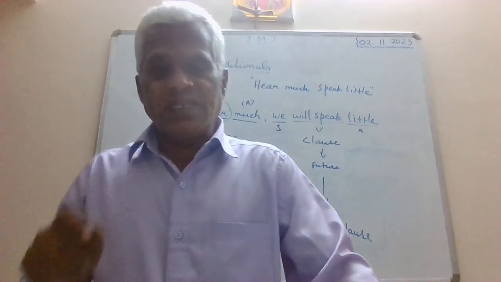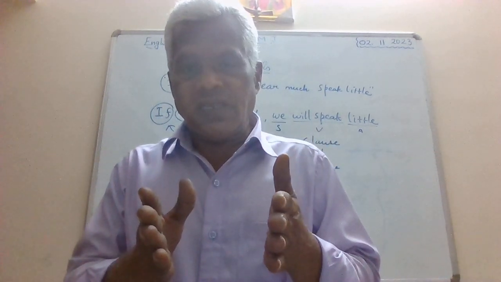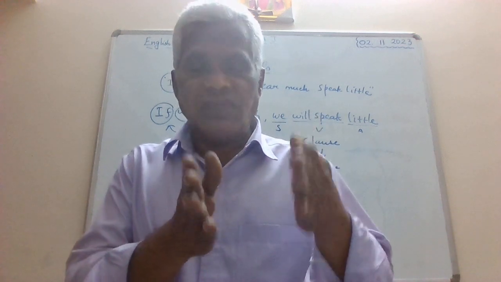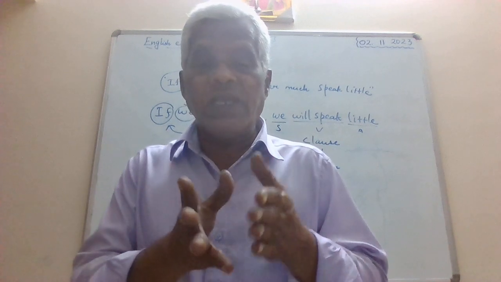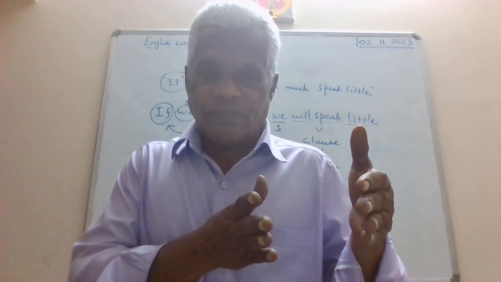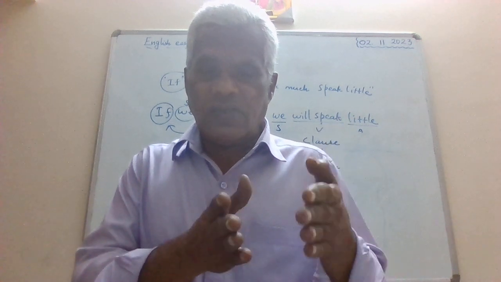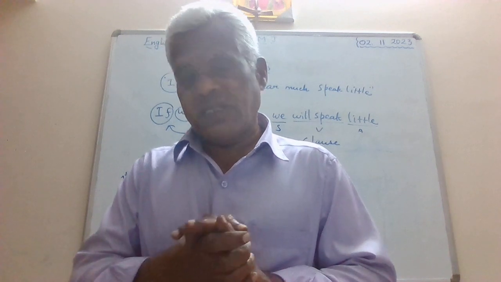So the first type is nothing but your first clause, known as the if clause, a sentence beginning with if, and your verb will be in simple present tense. And in your main clause, you have the subject, verb and object, and your verb will be in simple future tense.